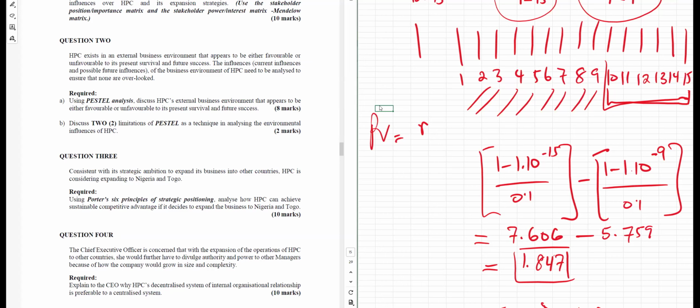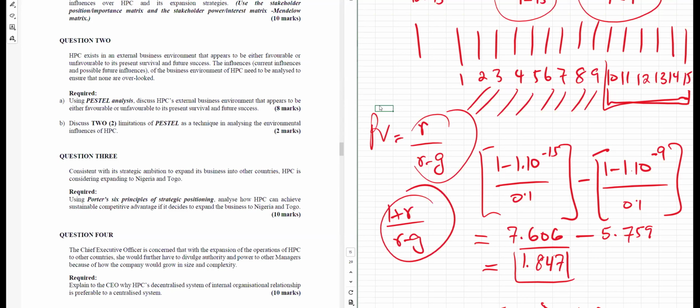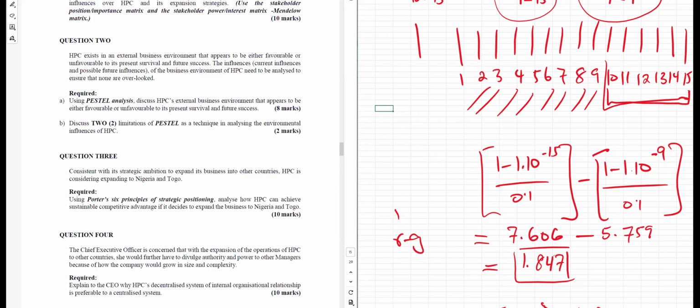Where you discount to present value. Or 1 plus R over R minus G. Nobody will ask you this. We don't use it here. We use it in financial management, at the lower level, unless maybe you are doing valuation.